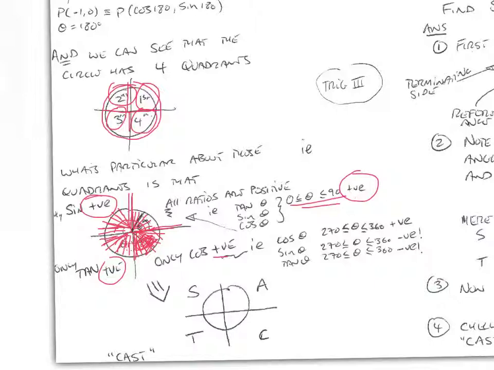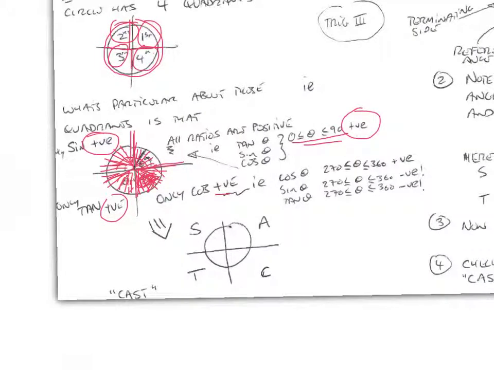From that, we can devise a way of remembering that rule, and that is to use the letters C, A, S, T, CAST. This means all the trigonometric ratios of all the angles between 0 and 90 are positive. Only the sine ratio for the angles between 90 and 180 is positive, the rest are negative.